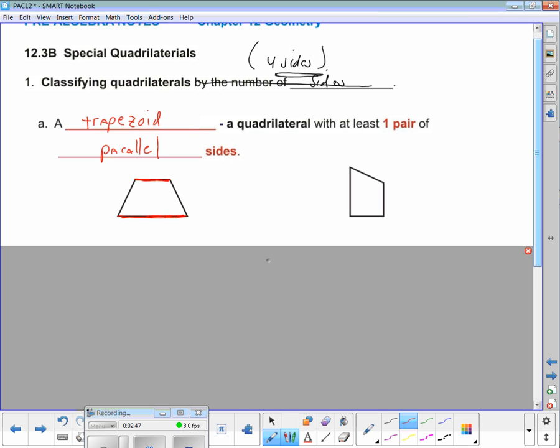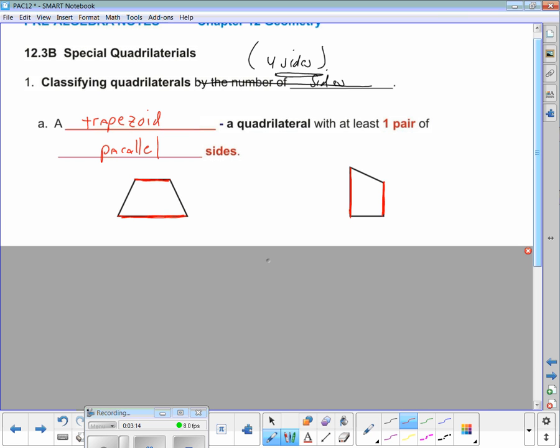The figure to the right is also a trapezoid because this line here is parallel to this line there. Do you see the parallel lines? Again, I would draw over your lines in red to illustrate the pair of parallel lines. Technically, a quadrilateral has at least one pair of parallel sides, though normally we just think of the objects that only have one pair of parallel sides.